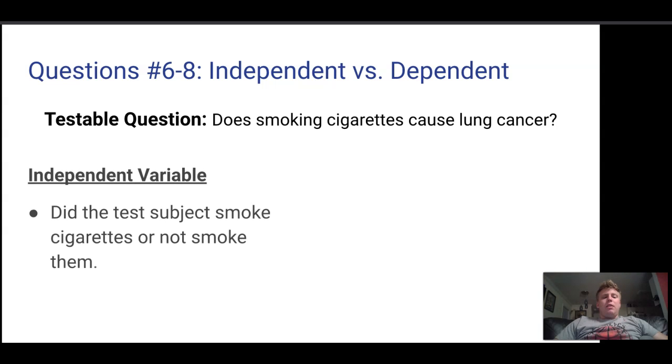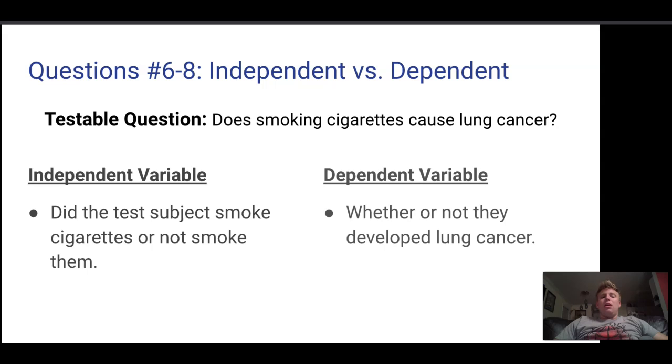If you said that the independent variable was the subject smoking cigarettes or not smoking them, very good, you were correct. Now take some time and think about what the dependent variable will be. What are we looking at? What depends on the independent variable? If you said whether or not the person develops lung cancer, then you are correct again.